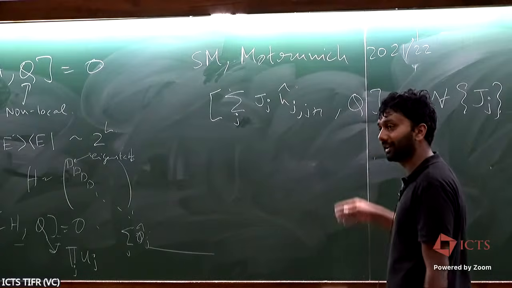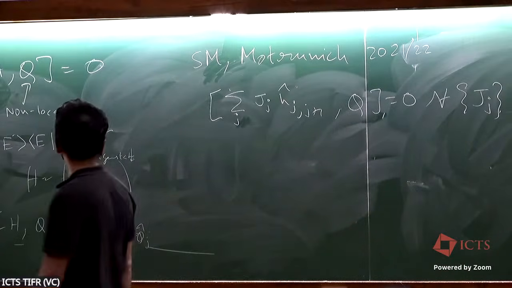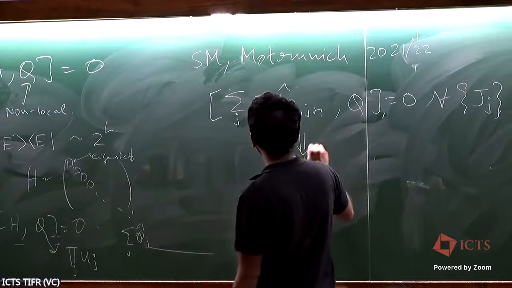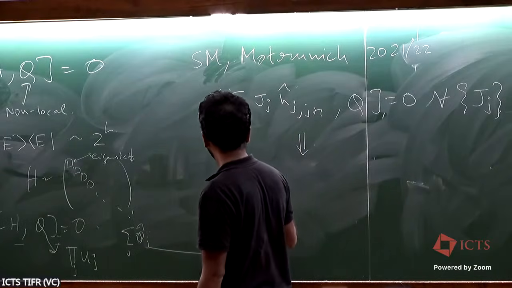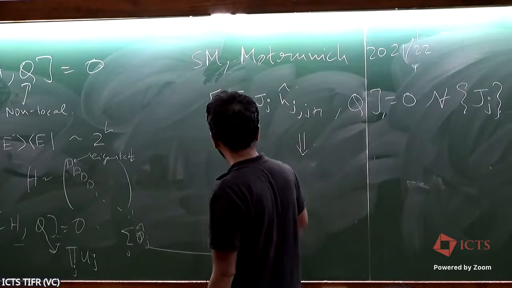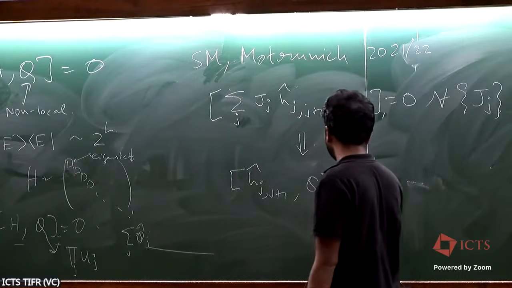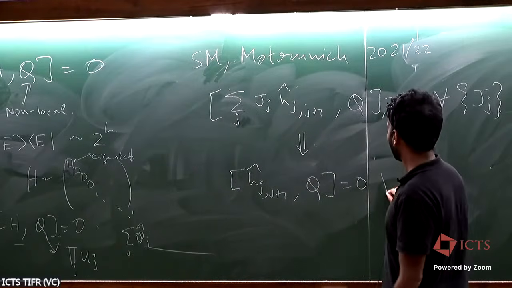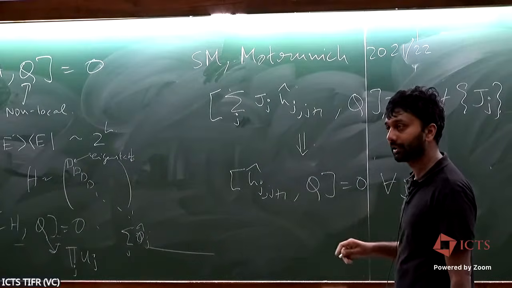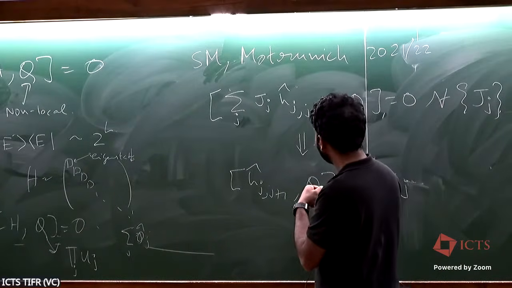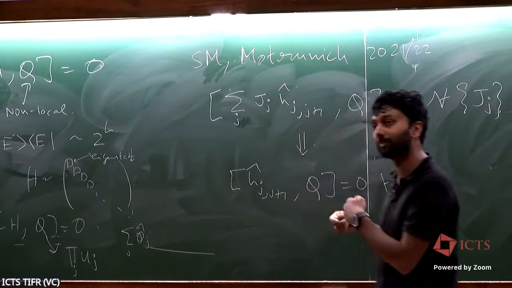If you define families appropriately, what this means is that each of your Hamiltonian terms should commute with the symmetries for all values of J. I have not imposed any structure on the symmetries themselves.